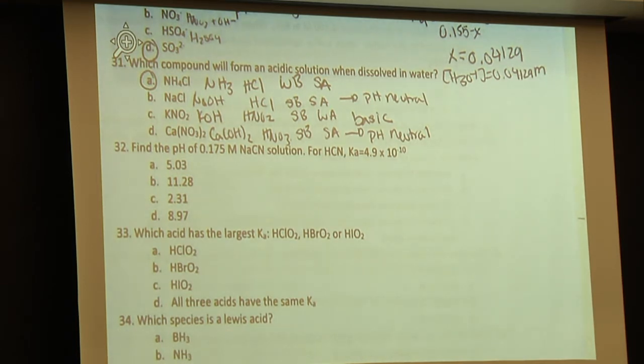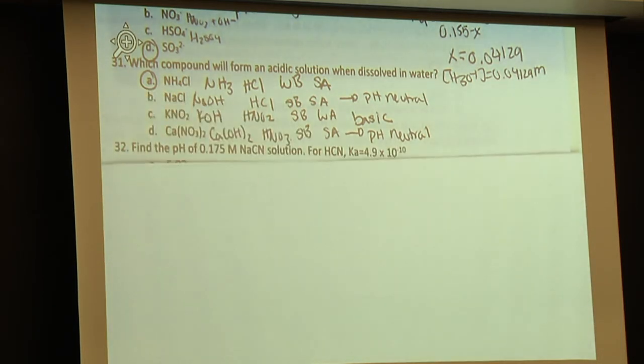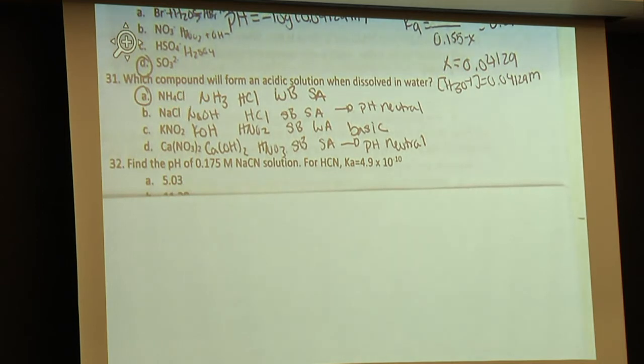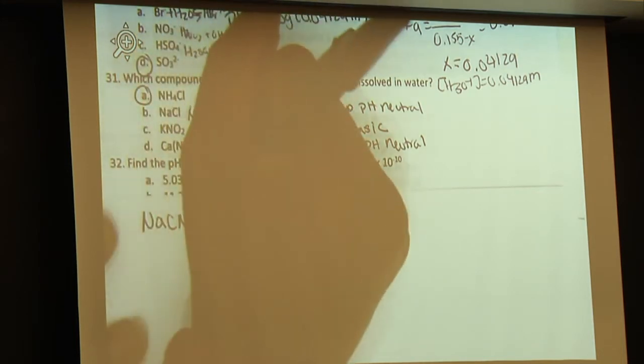All right, number 32. We want to find the pH of a 0.175 molar NaCN solution, and they give you the Ka for HCN. This is at the end of whatever chapter this was. I cannot remember, but I think it's the acid-base chapter. So for NaCN, you're going to put NaCN in water.